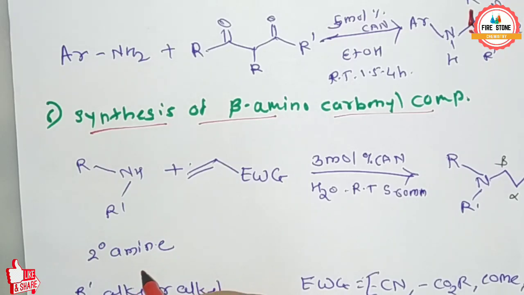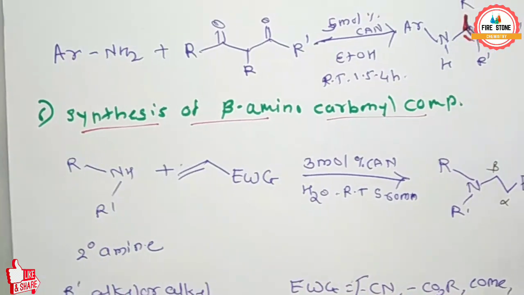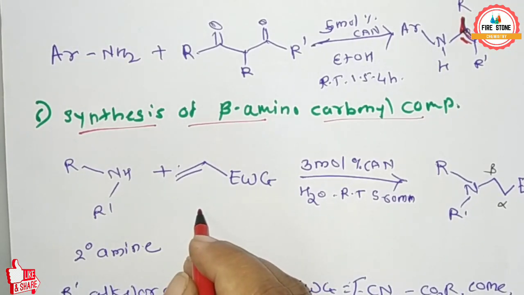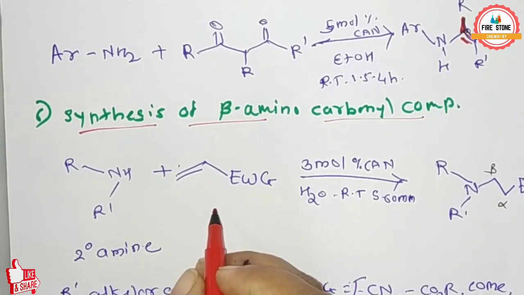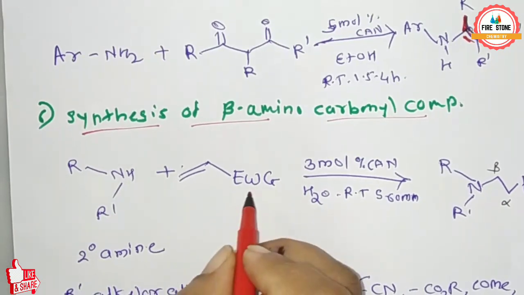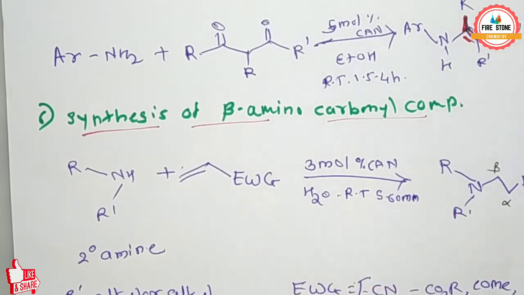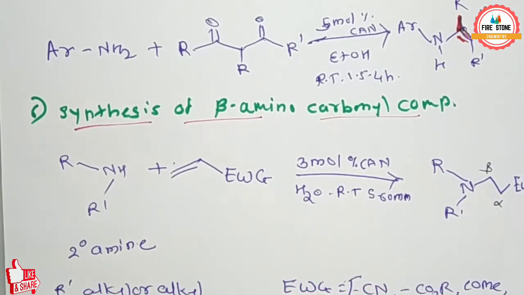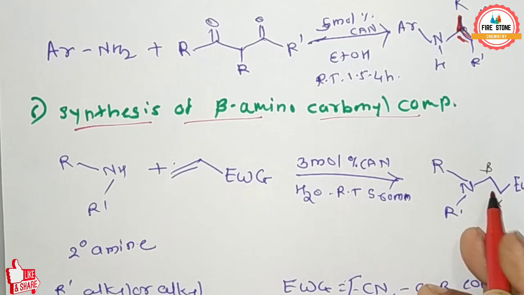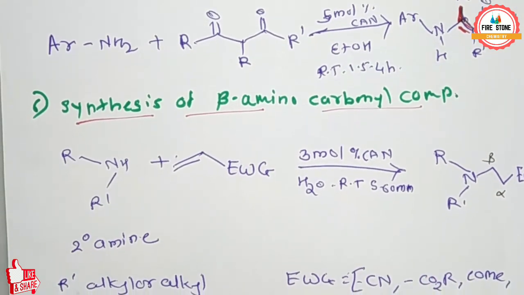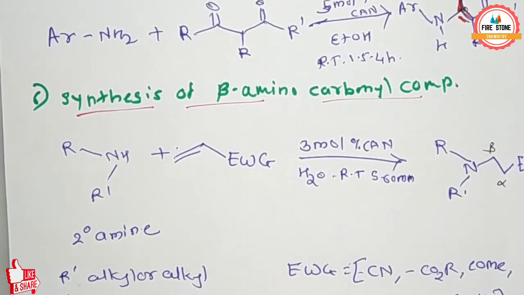A secondary amine R2NH reacts with an alkene which has an electron withdrawing group, with 3 mole percent of CAN in H2O at room temperature for 5 to 60 minutes, and we get the beta amino carbonyl compound.